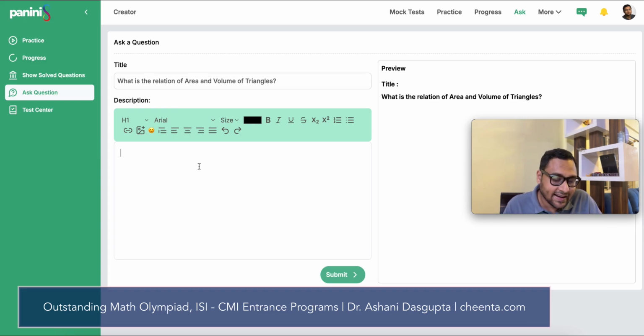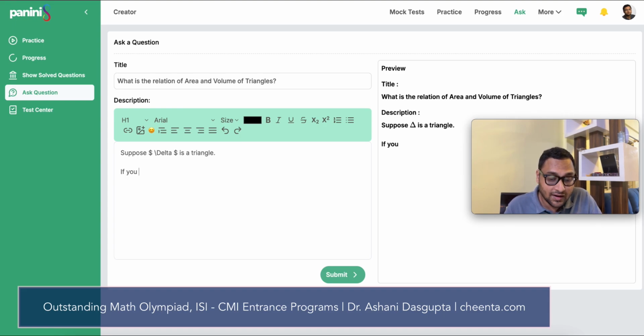This is a LaTeX enabled question. So suppose I write it like this. Suppose delta. Delta is like the symbol for a triangle. See, I used a LaTeX code here and it automatically rendered it. So it's real-time rendering. So you'll be able to see what's happening. So suppose delta is a triangle.